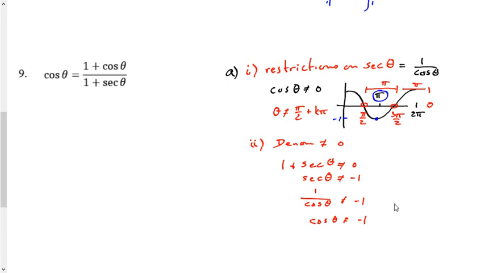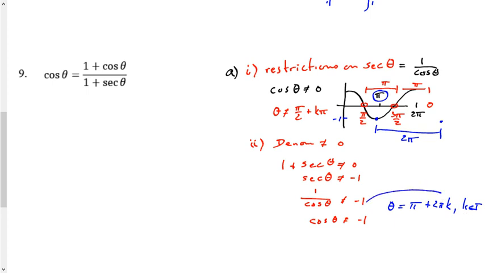So I get an additional restriction this time that theta can't equal pi. But now to get to my next point here, where the cos function would be at a -1, I have to go 2 pi radians. I have to go a full period. So I'll put plus 2 pi times k. And for both of these, I'm going to say k is an integer.